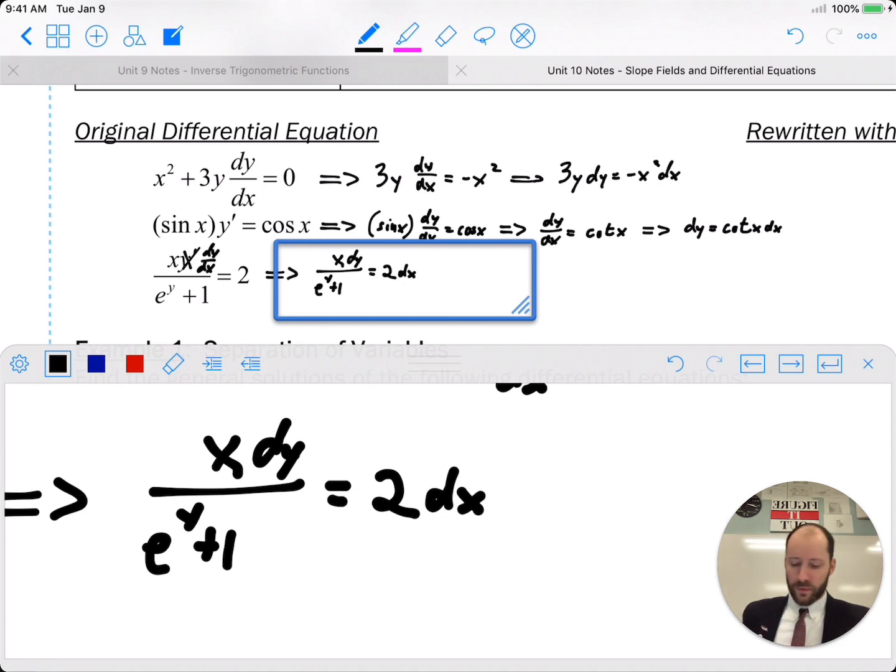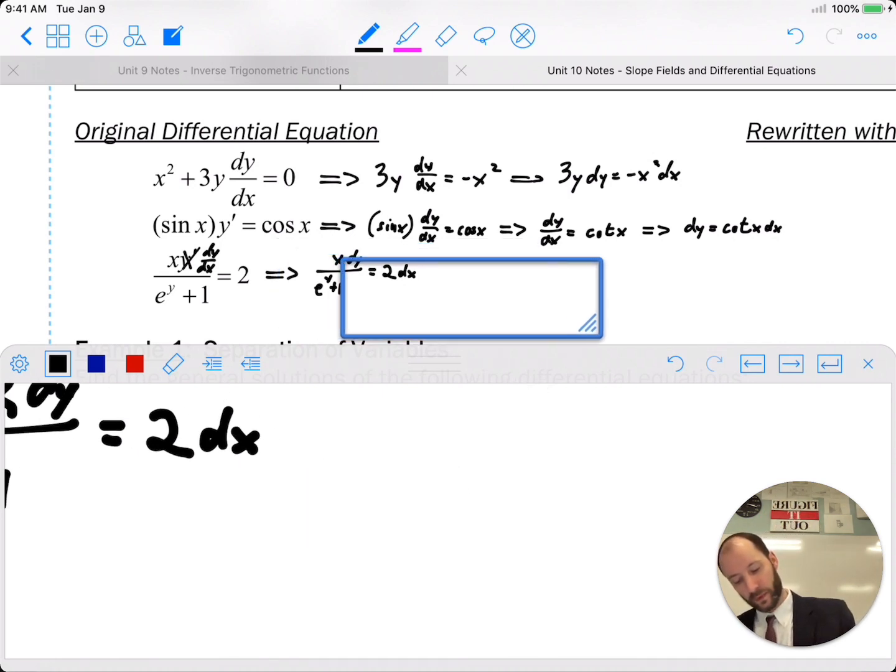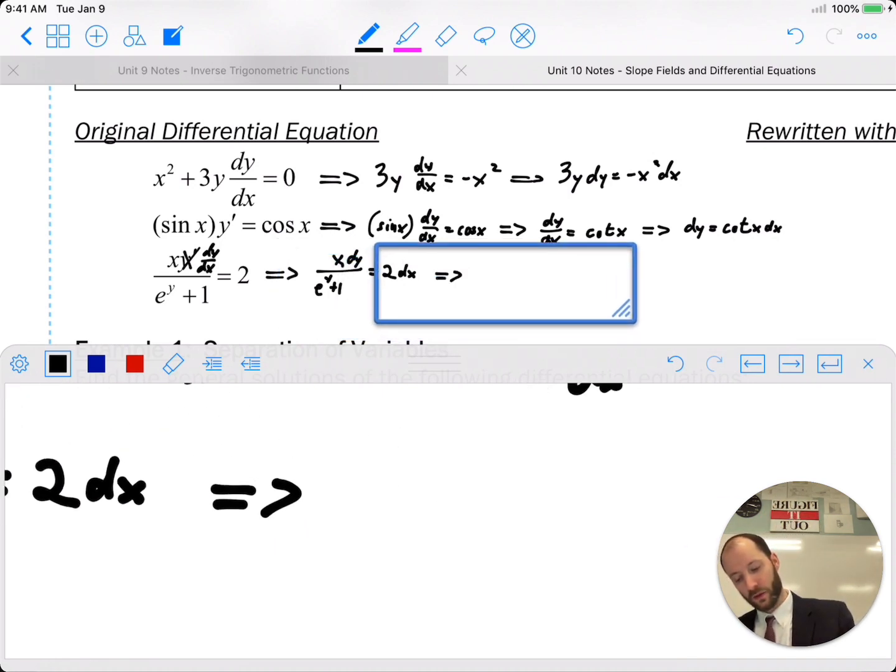Okay. And then we have x in the numerator of the fraction on the left. So let's divide x over. Or think multiply both sides by 1 over x. The x's on the left cancel out.